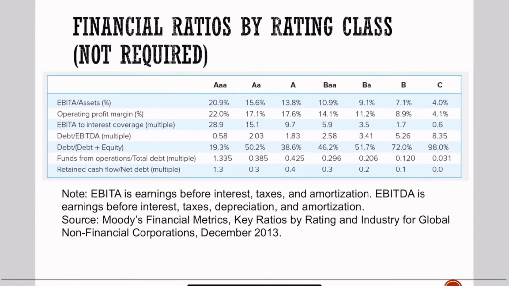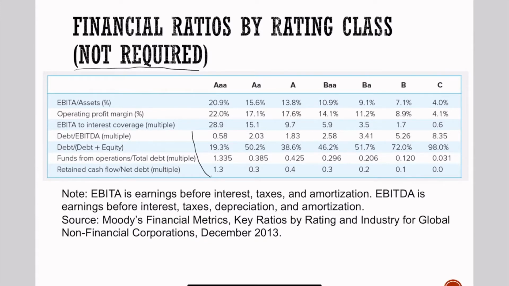So here we could take a look at these ratios by different rating categories. Obviously, this one is not required because some of these ratios we have not defined, right? So if you just take a look at this table, you can see that there is a massive difference between different rating categories, right?